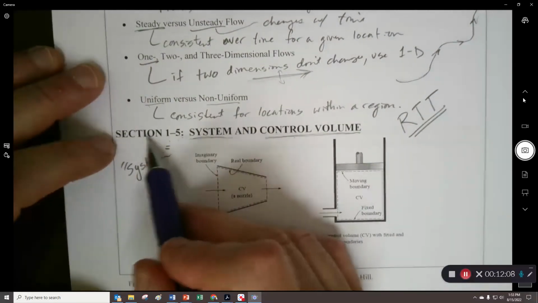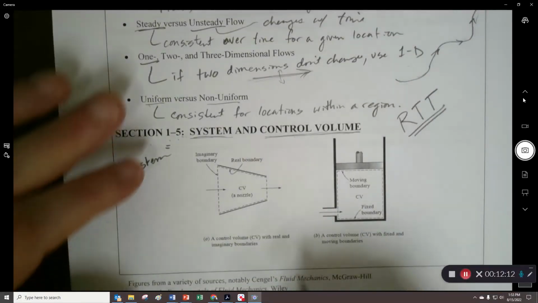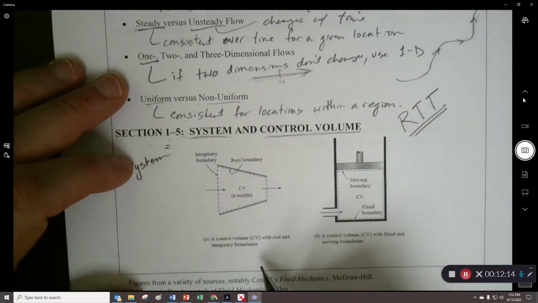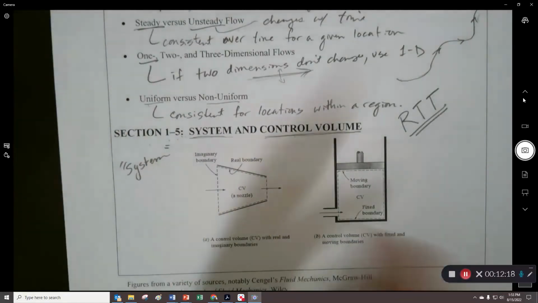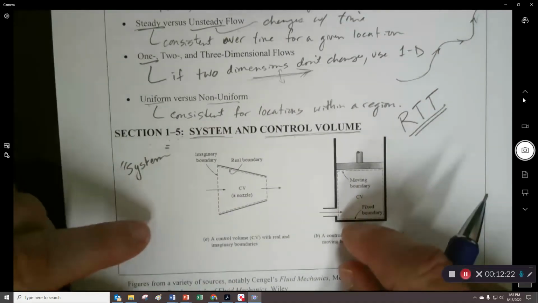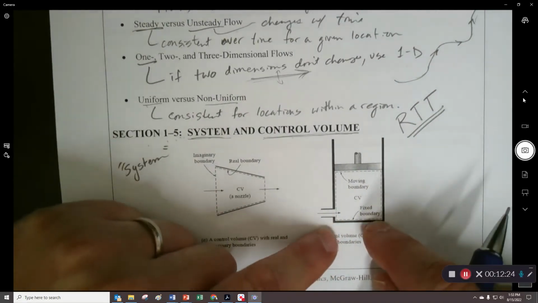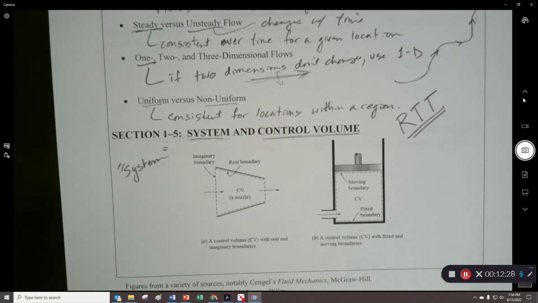That's what we're saying in section 1.5, and it's valid because we use this terminology. We call something an open system and a closed system. An open system is one in which mass can go into and out of the system, and a closed system is the same amount of mass all the time.